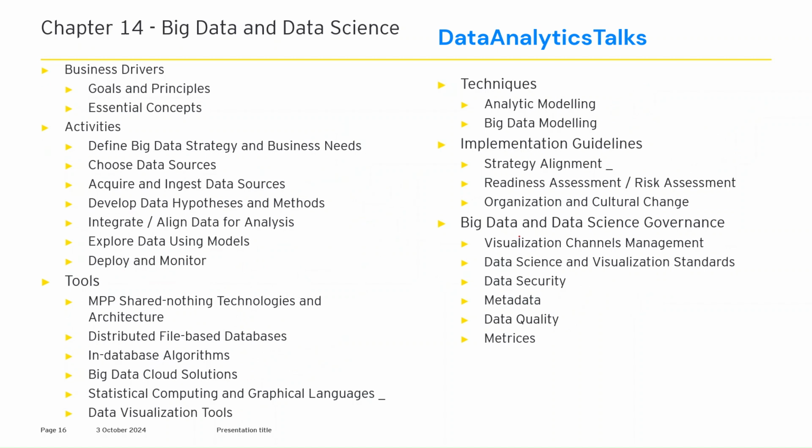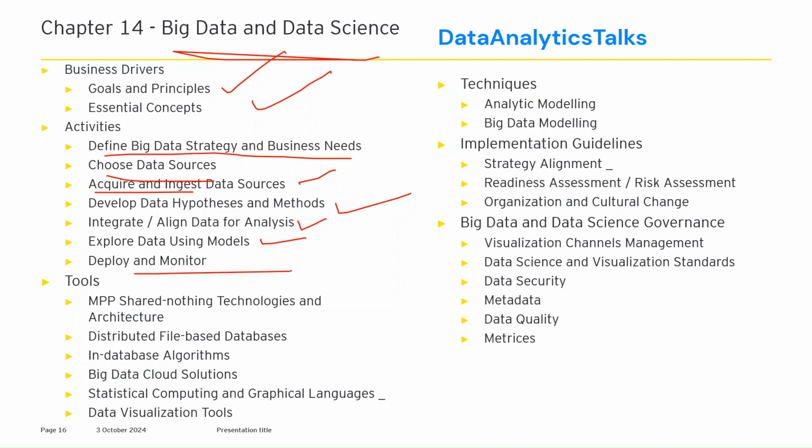Then coming to chapter 14, this is the last chapter, which is big data and data science. We have nearly 2% of weightage for this. Here we talk about goals and principles, then define big data strategy and business needs, choose data sources, acquire and ingest data sources, develop data hypotheses and methods, integrate and align data for analysis, explore data using models, deploy and monitor.